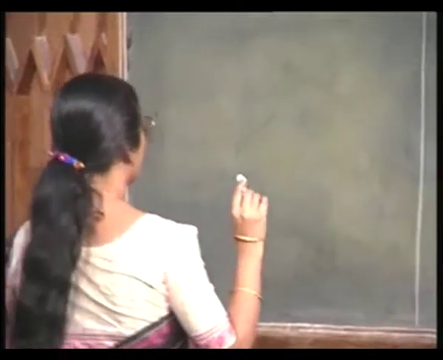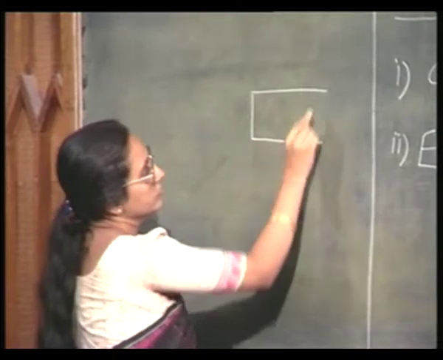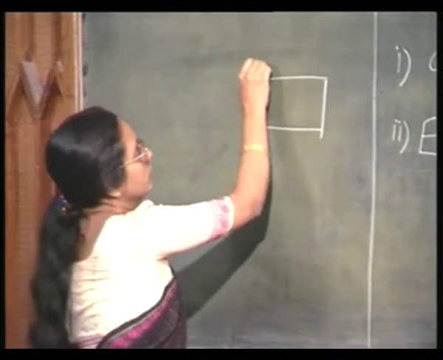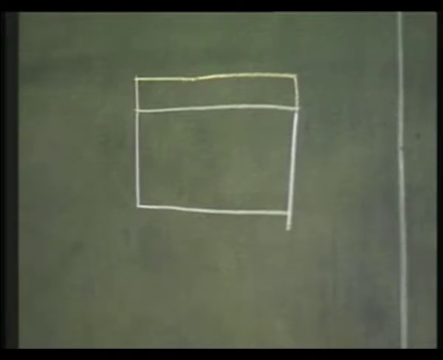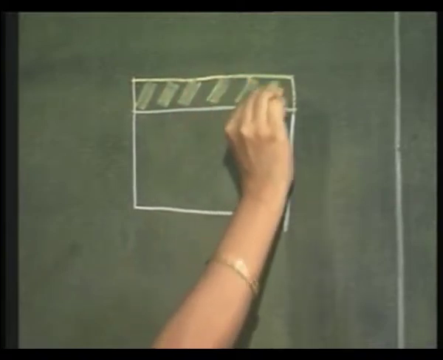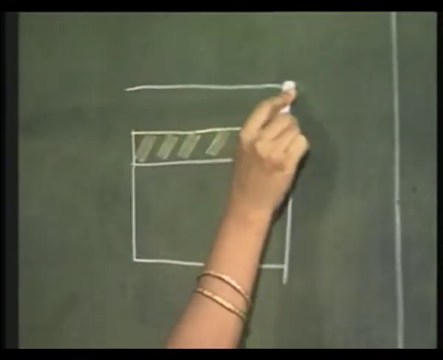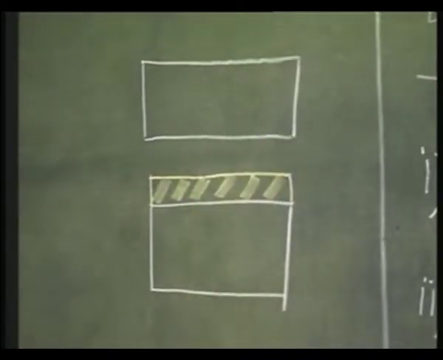What you have is something like this. I am looking at the cross sectional view. I have a layer of photoresist on top of the silicon wafer, and now I have a mask with the proper geometric pattern on that.